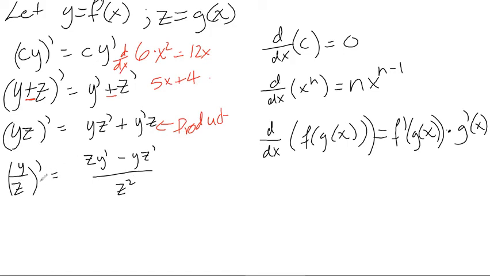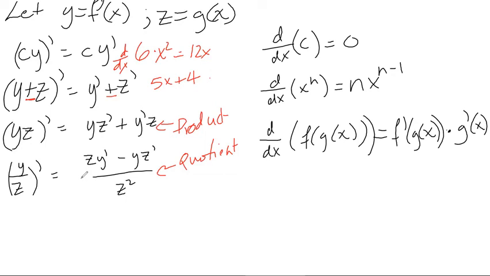Now, if you're doing the quotient rule instead, which is when you're dividing, we would just be multiplying the function on the denominator by the derivative of the function on the top, and then subtracting the function on the top multiplied by the derivative of the function on the bottom, and then dividing it all by the function on the bottom squared.